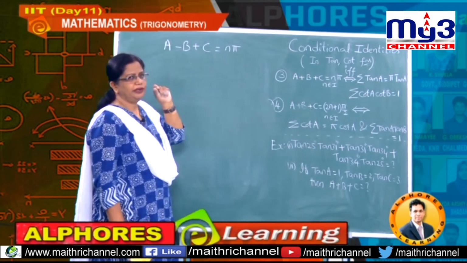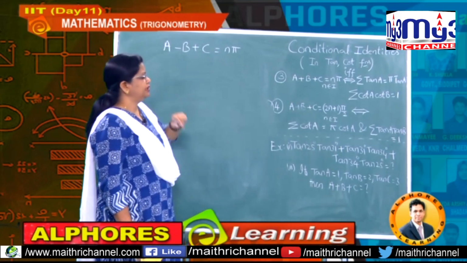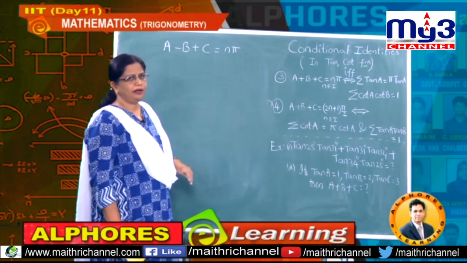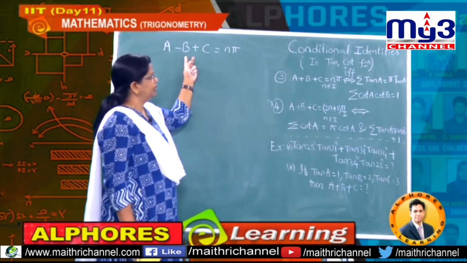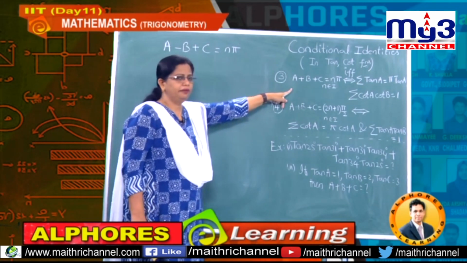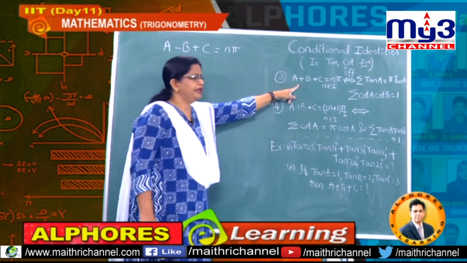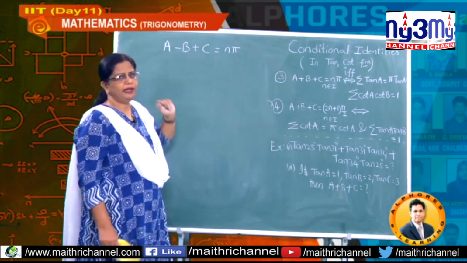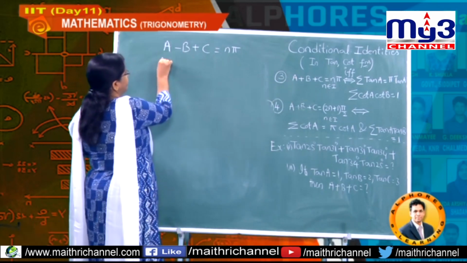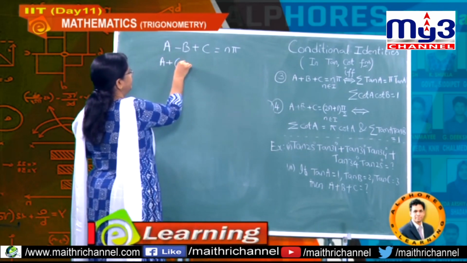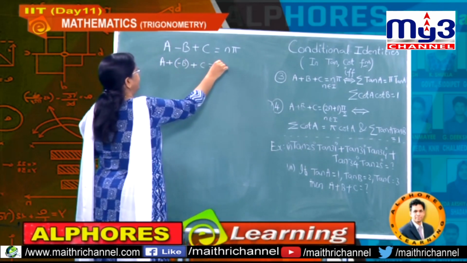Then what to do here? Whenever it is given in this way, the only thing you have to do is just replace B by minus B in this result. Wherever B is there, just replace B by minus B. That means A plus minus B plus C equal to n pi.